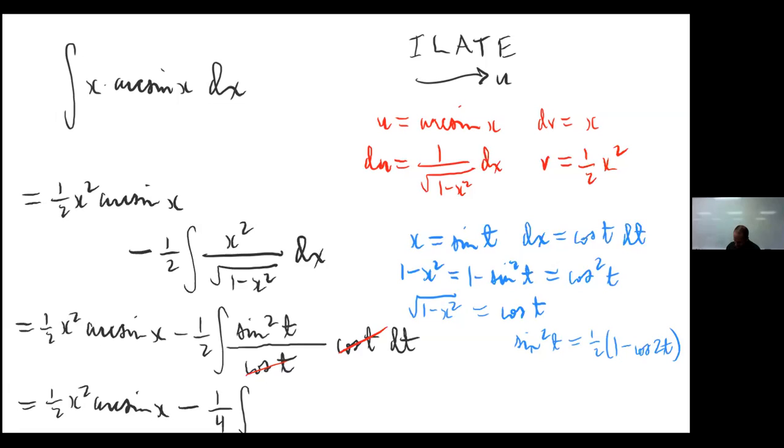And it's going to be the integral of what? 1 minus cosine of 2t dt, right? 1 minus cosine of 2t. And now what do we do? Okay, well, let's just write this out. It's going to be 1/2 x squared arcsine of x minus a fourth.